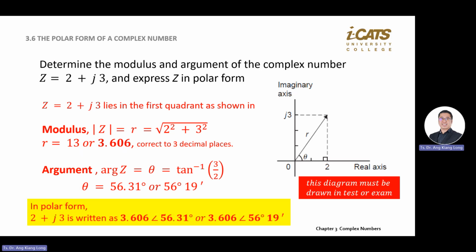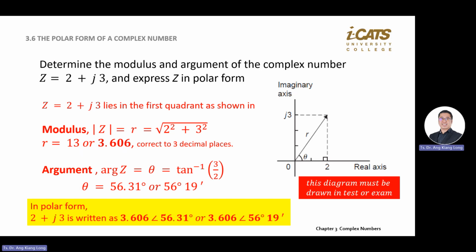Okay. So for polar form, you write 2 plus j3 equals 3.606, and then there's an angle there, angle 56.31 degrees.